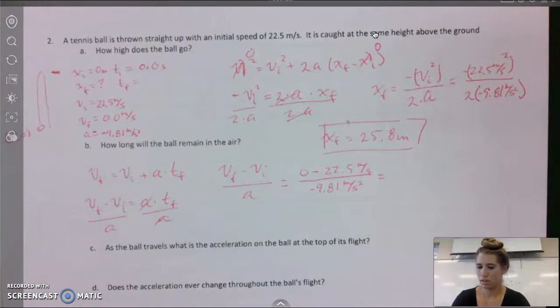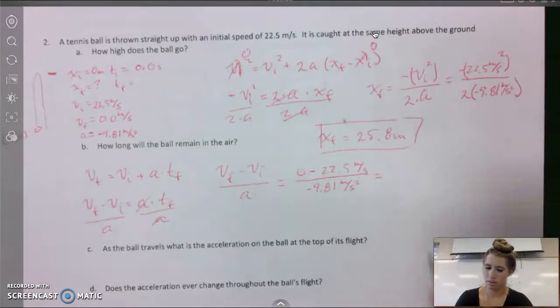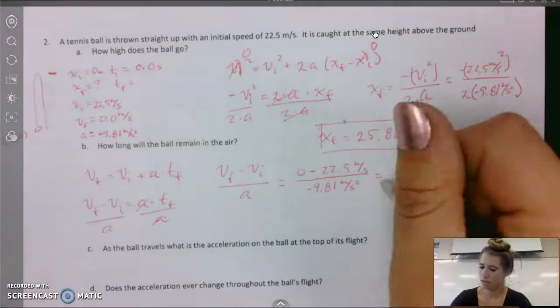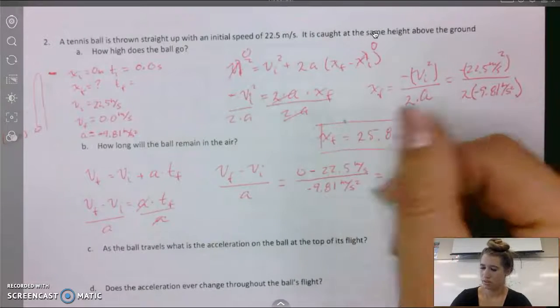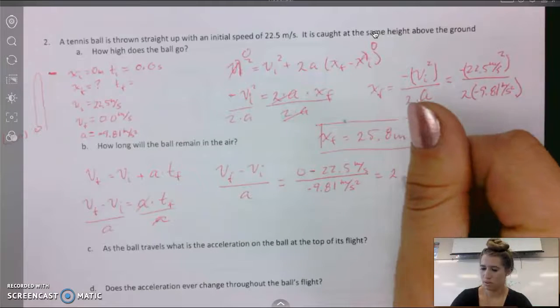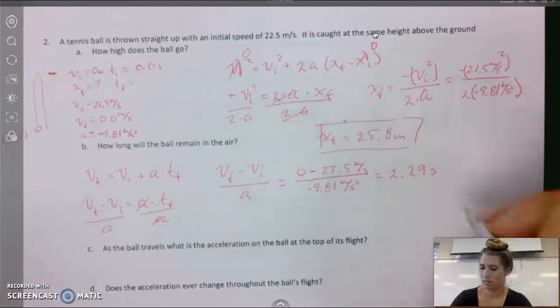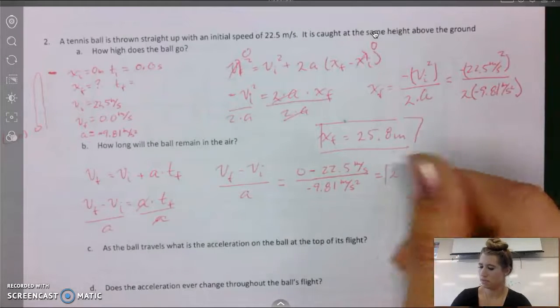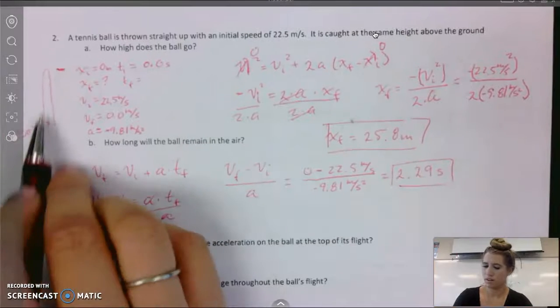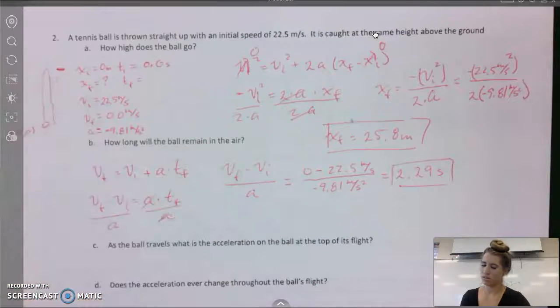So negative 22.5 divided by negative 9.81. That would give us, with 3 sig figs, 2.29 seconds to get from here to there. Okay. All right.